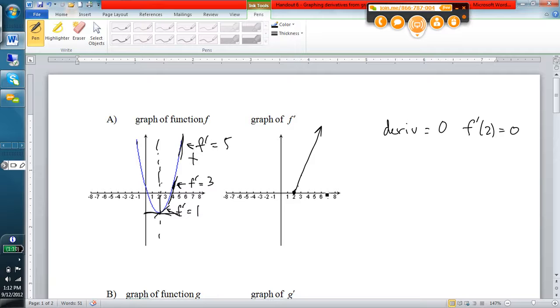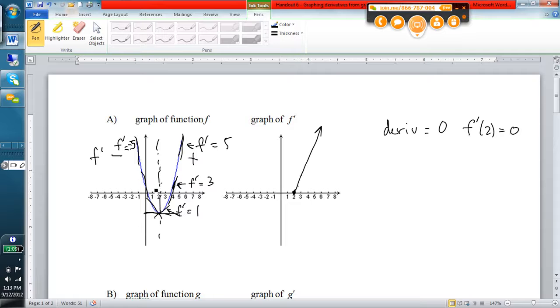Now what happens on the other side of 2? Well, let me draw a couple of those in. There's one, there's another one, there's another one. Those are what sign? Those are negative slopes. So that means the derivative is negative on that side. And notice those are progressively getting less and less negative. Because right here you might say that's like a negative 5.